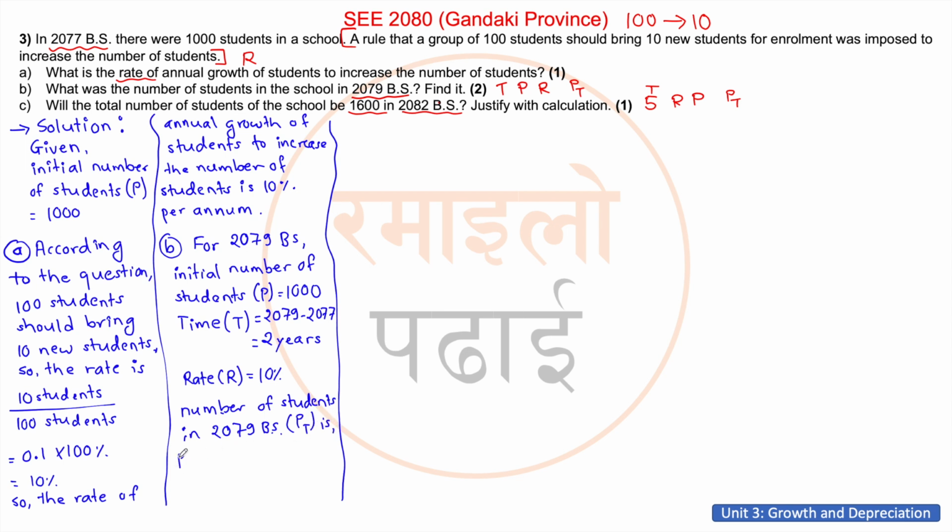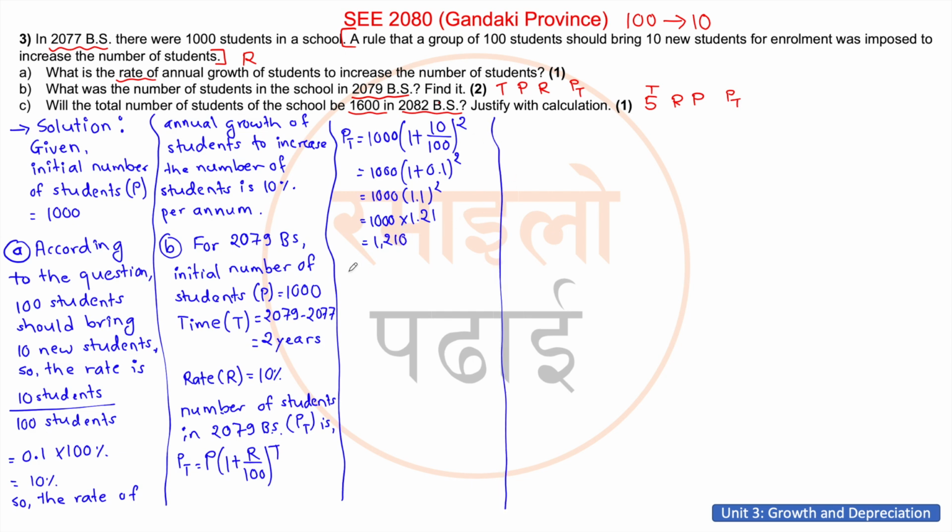The formula is PT equals P times (1 plus R upon 100) to the power T. Putting in the values, PT equals 1000 times (1 plus 10% upon 100) to the power of time T equals 2 years, which equals 1000 times (1 plus 10 upon 100, which is 0.1) to the power 2, which equals 1000 times 1.1 to the power 2, which equals 1000 times 1.21, that is 1210.